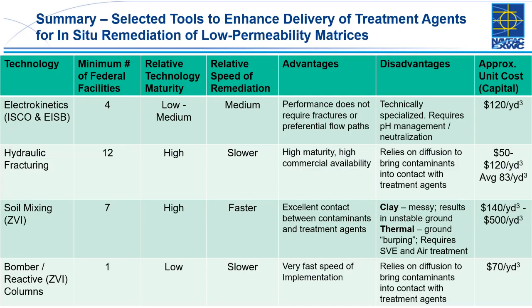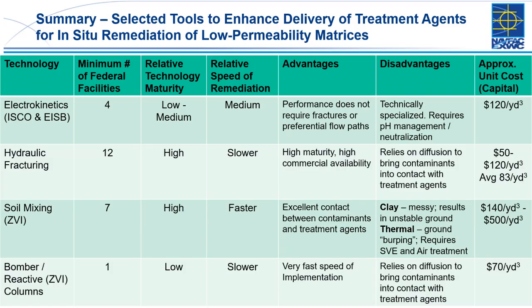This slide summarizes much of what I just told you, and I want to go through it quickly. What can we take home about these different technologies? Electrokinetics, starting at the top, I'd say has low to medium maturity compared to some of the others. We've only seen it tested at 4 sites. I'd say it has a medium speed of remediation.